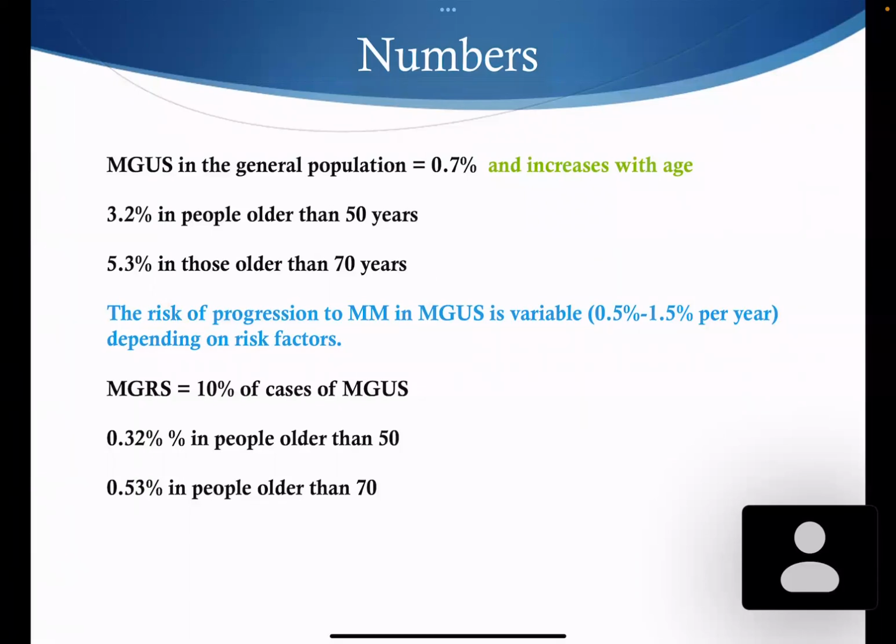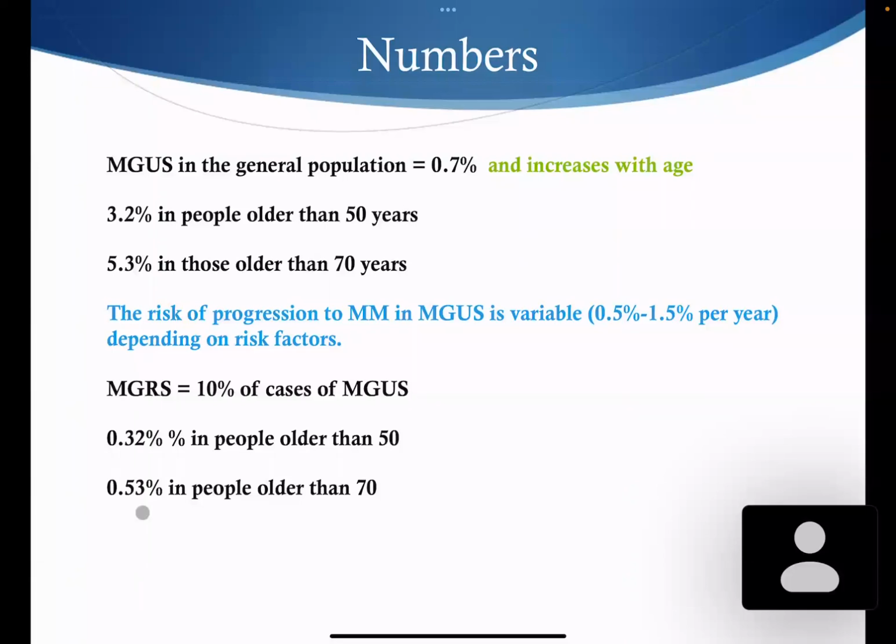For those older than 70, the risk of progression of MGUS to multiple myeloma varies from 0.5 to 1.5 per year, depending on the risk factor. But what's more important is that 10% of those patients with MGUS have MGRS.